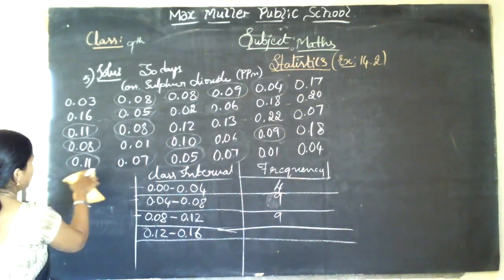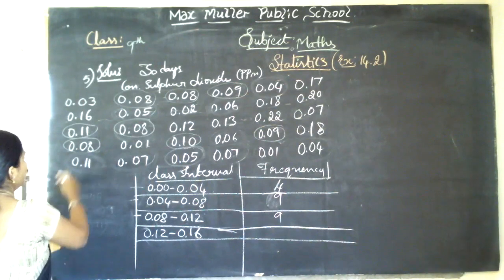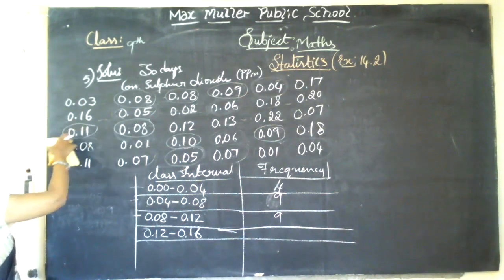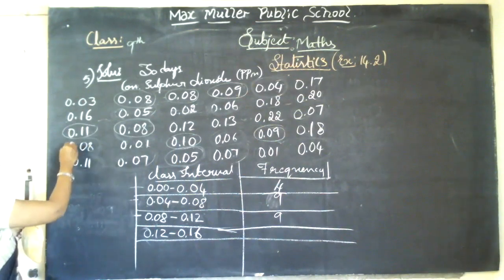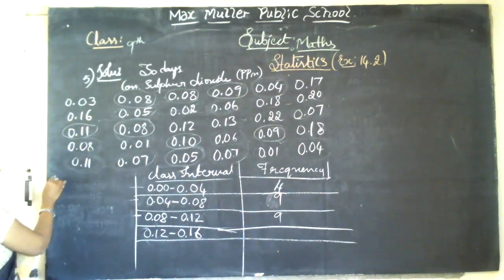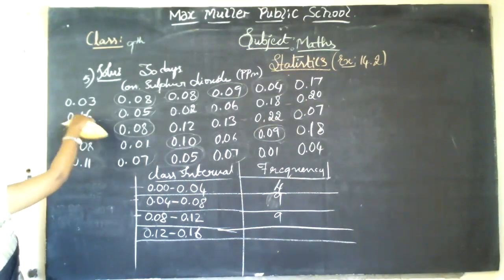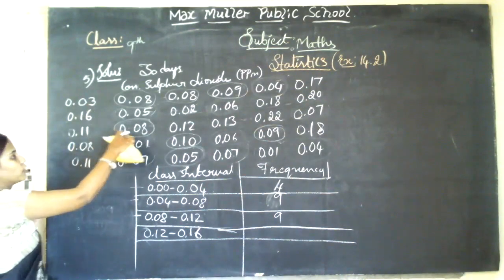So we have to rub this. Also, if you have not put the circle, you can just take tally marks. It will be easy. I'll show it for the next row.